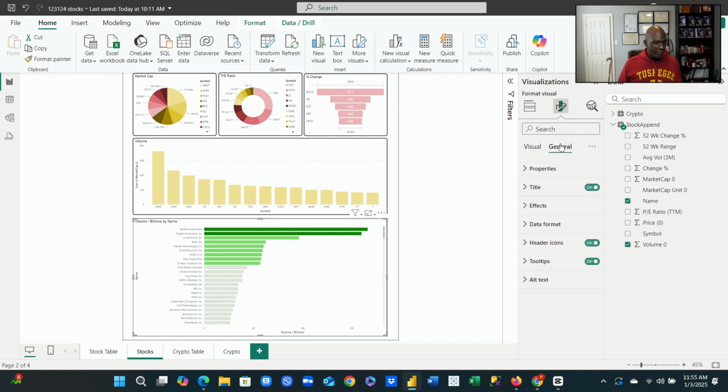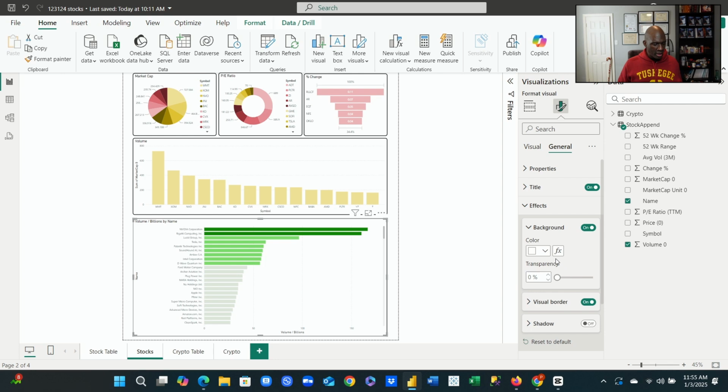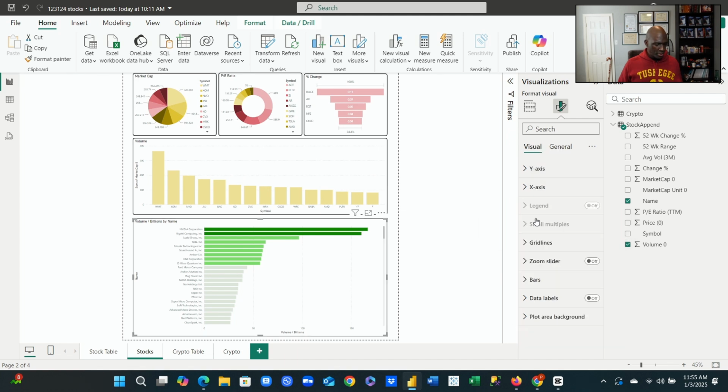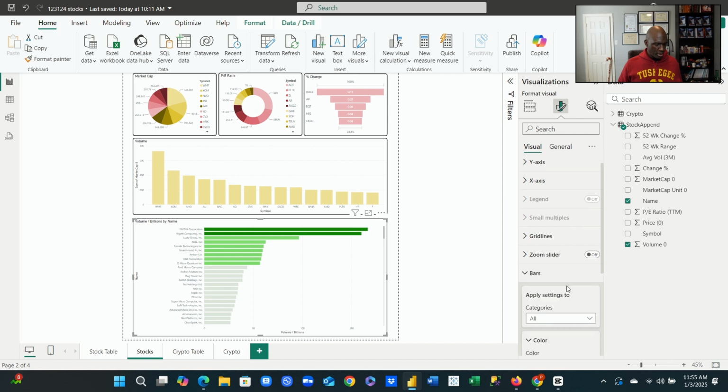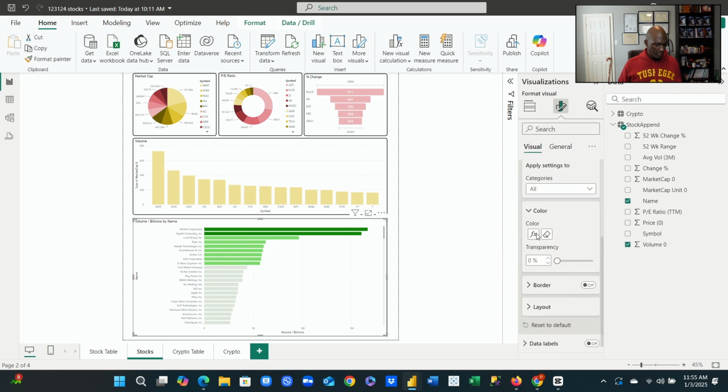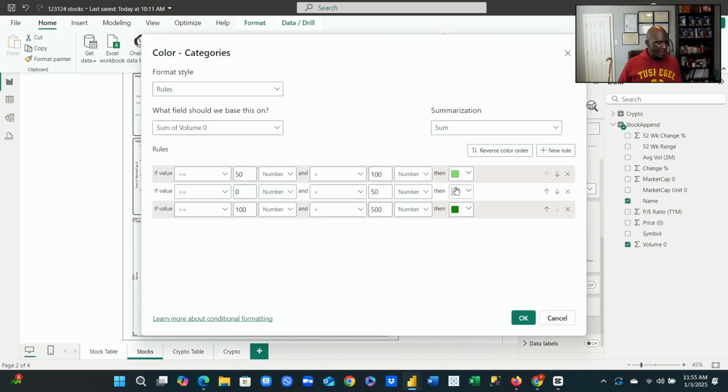So if I can come over and show you, effects, format, let's see, where are those colors at? Visual bars. As you can tell here, this is actually not white or gray, it's a green color.